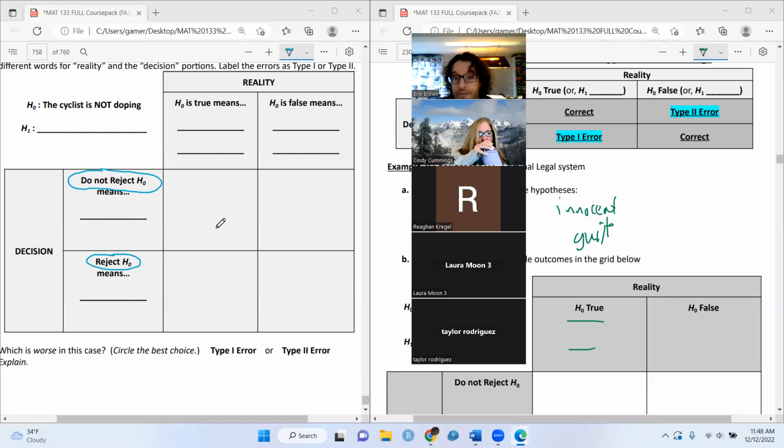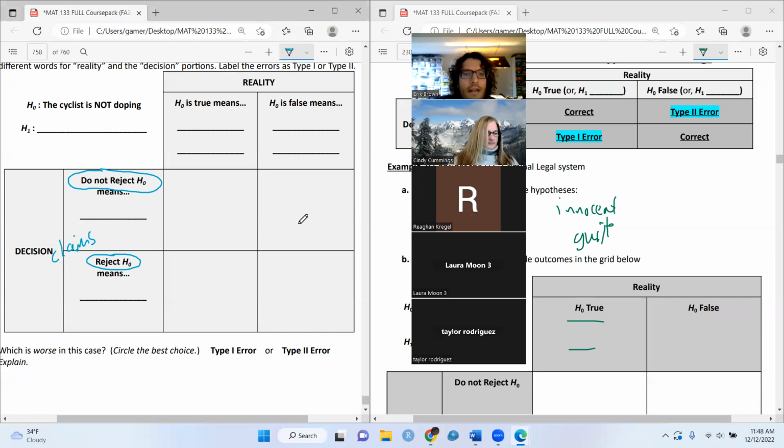That's all you need to state. You're just restating the reality statement. Does that make sense, y'all? That's the sentence that you would put in for correct.